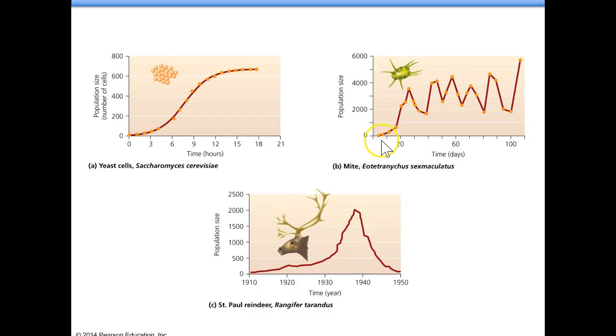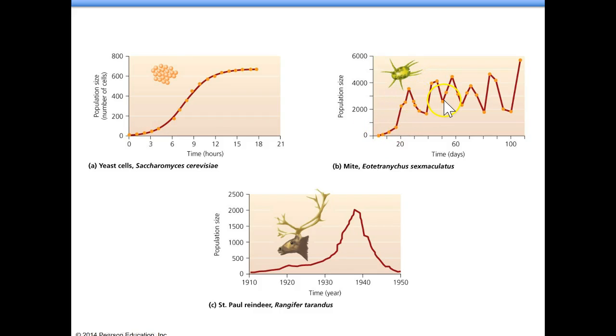Here's another one, a mite. The population increases, but whatever feeds on the mite is increasing too, so the mite is going to drop in numbers because of that predator. When it drops, the predator is going to drop in numbers, so the mite will be able to increase again.